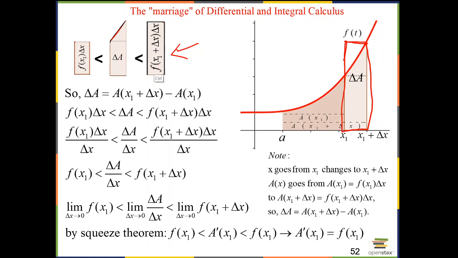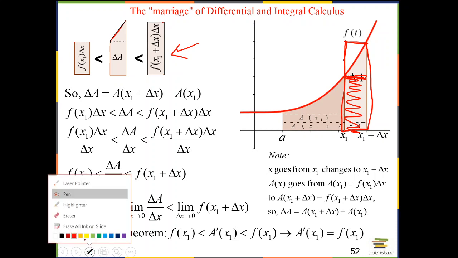And it is obviously smaller than that and bigger than this smaller rectangle, which is over here, which is that right there. Now we know the area of the smaller rectangle is what? It's the distance here, which is delta x, times the height, which is f of x1. So f of x1 times delta x. And the area of this big rectangle is delta x times f of x1 plus delta x, which is that big one right there.